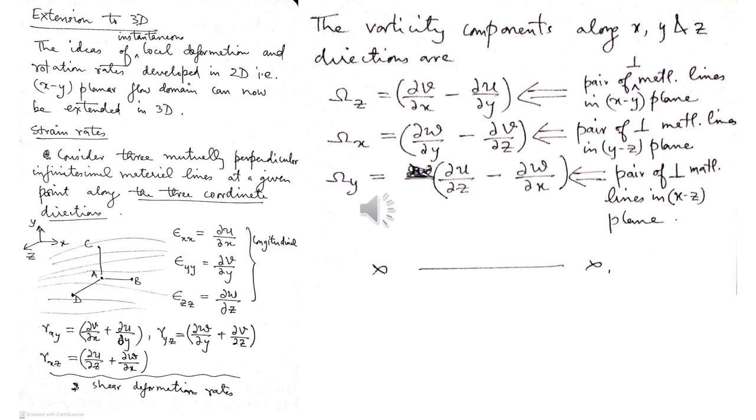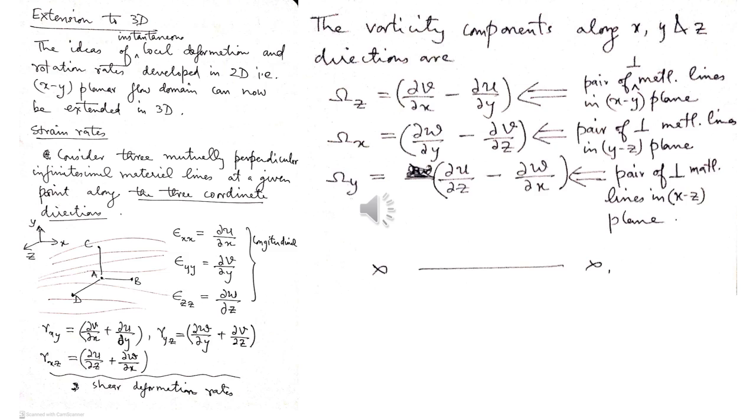Together with these three longitudinal strain rates, we must have three shear deformation rates. Why three? Because one will be due to the material line pair along x and y, that is gamma xy. Then one should be associated with the infinitesimal material line pair directed along y and z directions, which we call gamma yz.